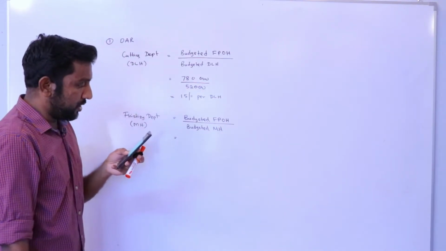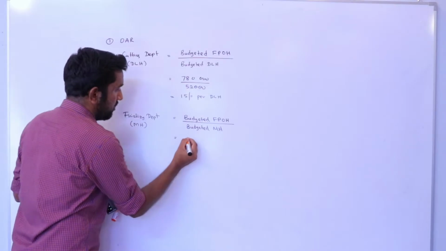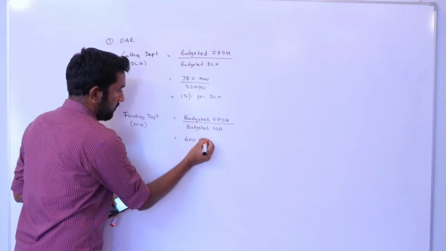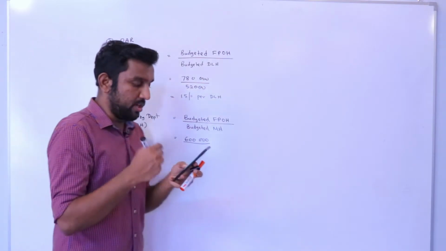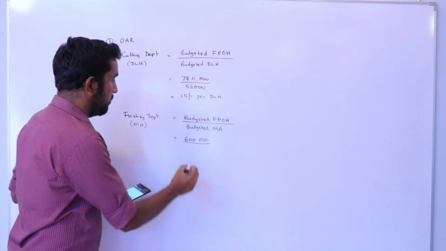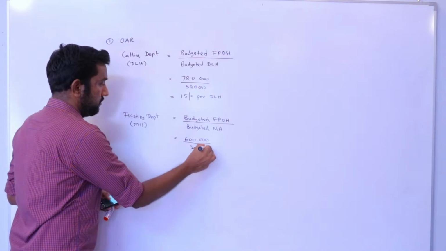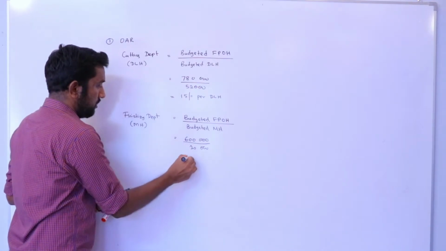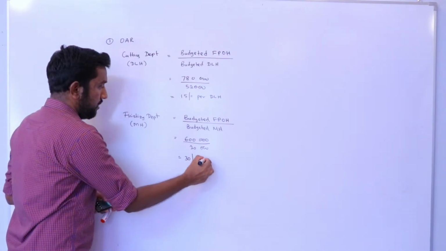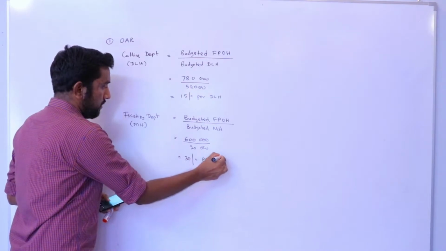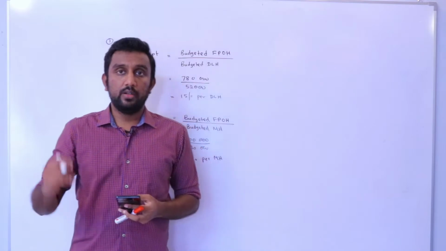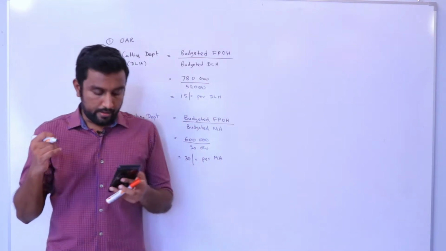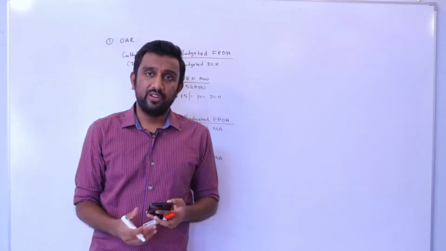So budgeted fixed production overheads is given, which is 600,000 divided by machine hours for finishing department, which is 20,000. So 30 per machine hour, right? So that is the answer for the first requirement. The question is what? Overhead absorption rate.